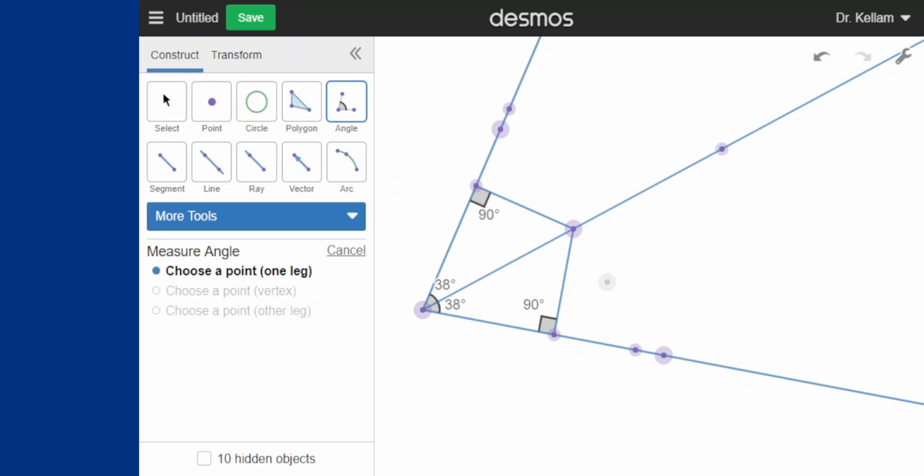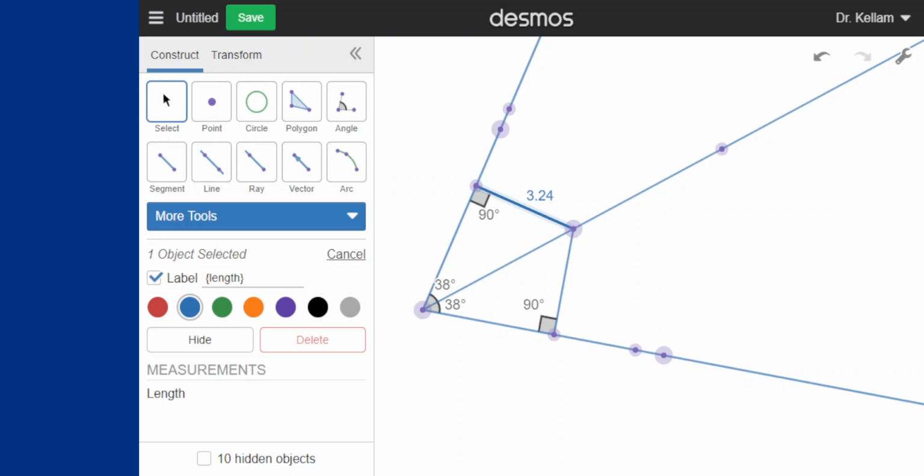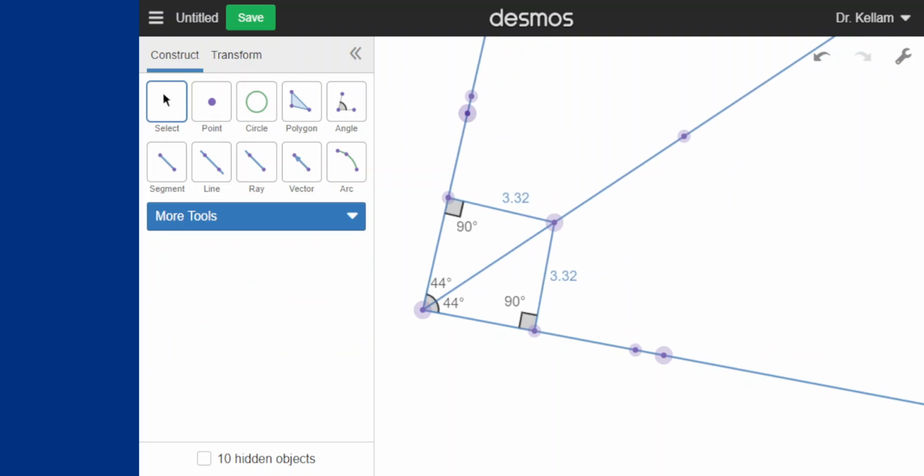Now, here is the neat part. These two segments are going to have the exact same length. And this is always going to be the case. So we could move our angle.